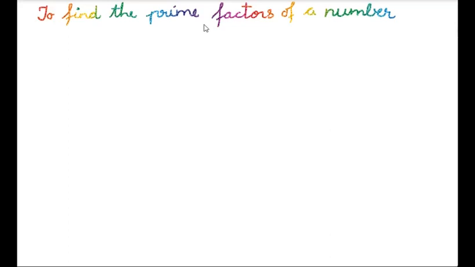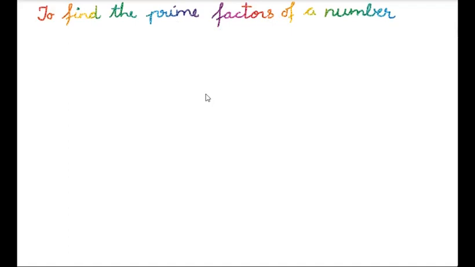We are going to use these prime numbers to find the factors of a number. The method by which we find the factors of a number using prime numbers is called prime factors of a number.